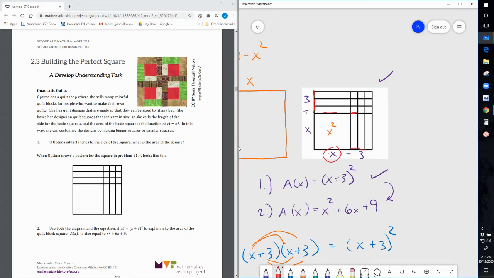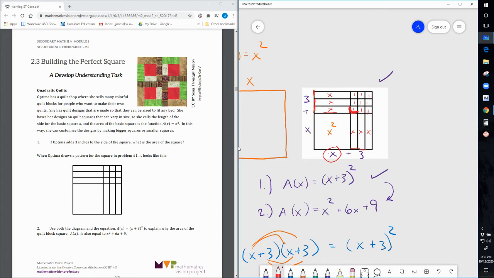So basically each rectangle is a 3 by x, which makes the area of each one 3x, because x times 3 is 3x. And then if this side length is 3 and this side length is 3, each small block has an area of 9. I always call these C-squares, and you'll see why later.